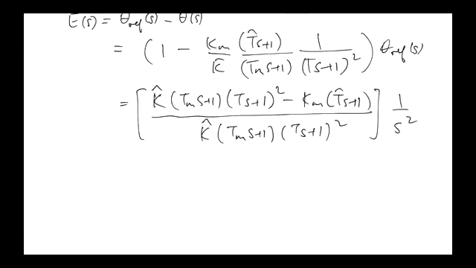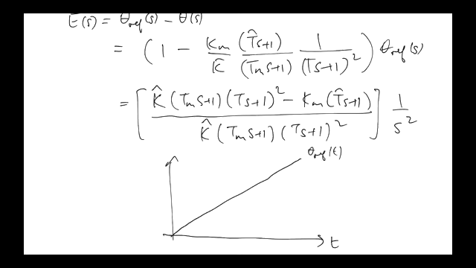So what happens in the time domain, theta ref is a straight line, okay? And theta will be like this, where the error grows like a ramp.